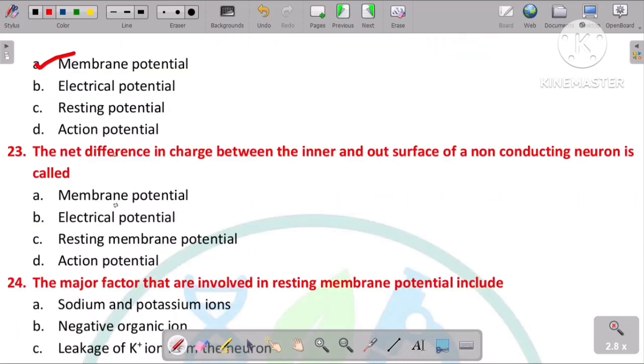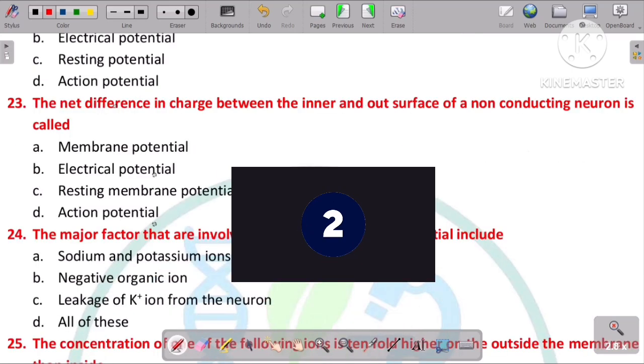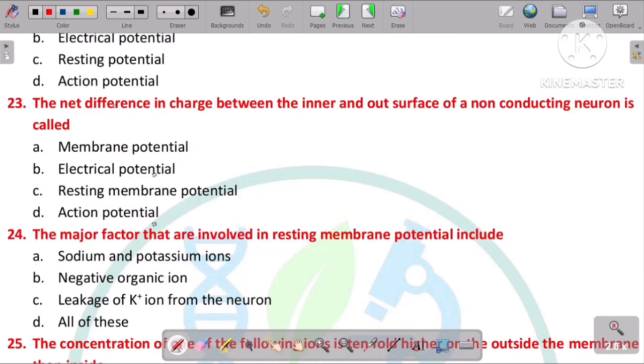So the next question is: the net difference in charge between the inner and outer surface of a non-conducting neuron is called... So the right answer is option C, resting membrane potential.